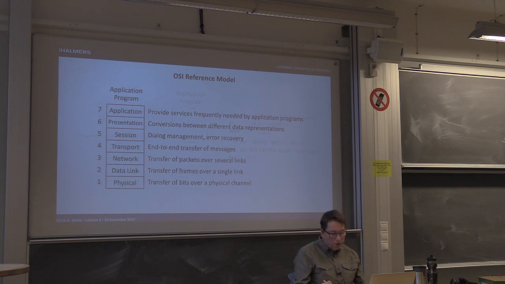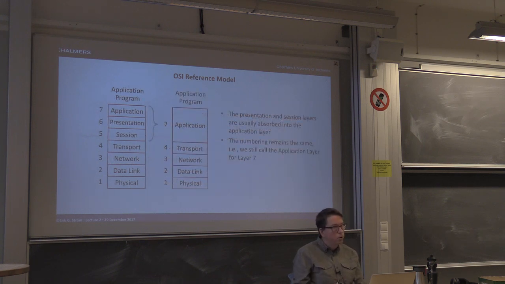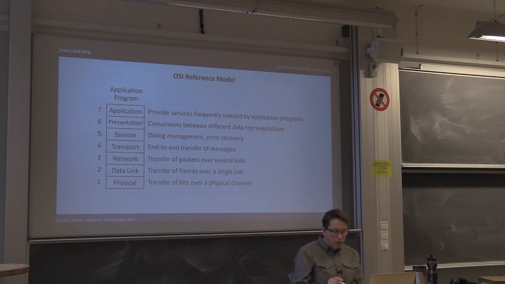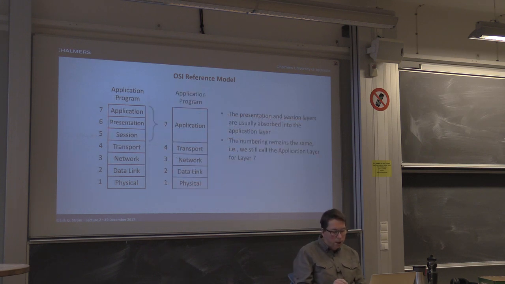Now, these 7 layers, should we know them? Well, essentially we should, but luckily it was realized that the top layers could be grouped into one layer. So this is the original 7 layers of the OSI model. However, the top 3 are typically bunched together and called the application layer.